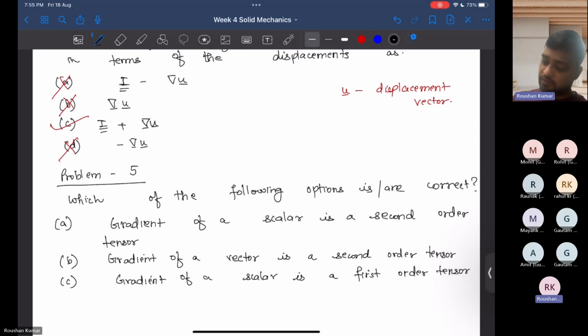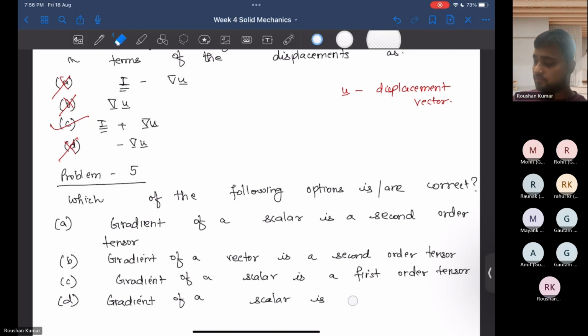And the last option is gradient of a scalar. Gradient of a scalar is a vector.